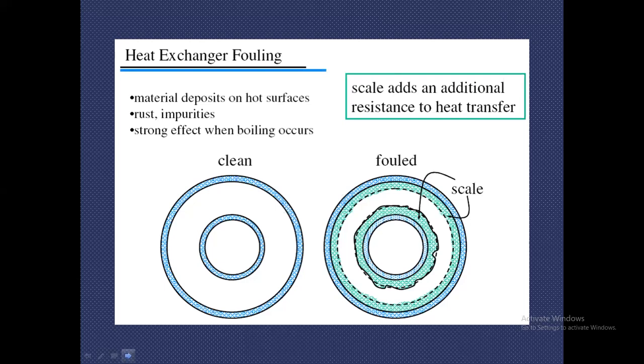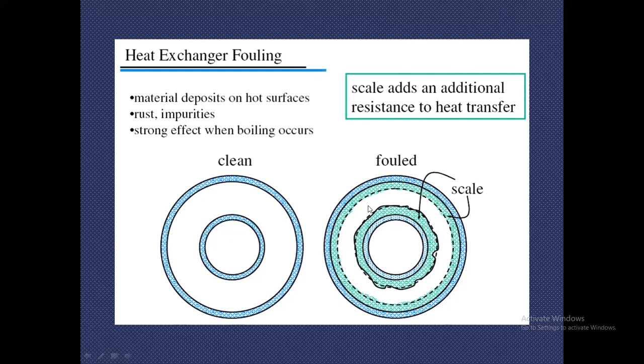Now, in heat exchanger fouling, this could be the case. You have here a clean inner tube and outer tube. And if you have fouling, this would be the case: your inner tube on the outer part is encrusted with scale.